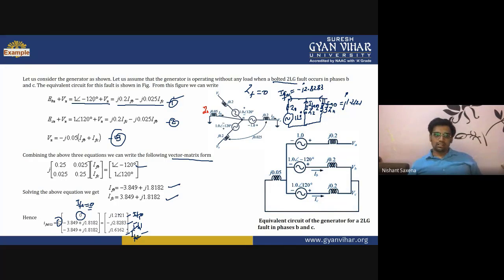So we have seen how to draw the sequence circuit. This is your sequence network for the 2LG fault, that is, the double line to ground fault. I hope this is clear to you. Zn is taken as 3Zn over here.